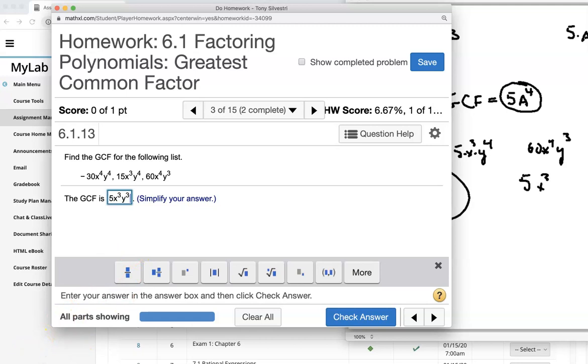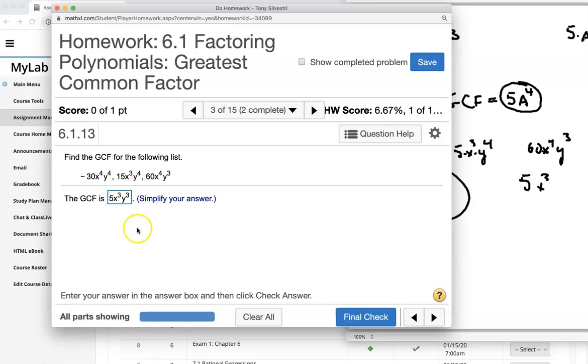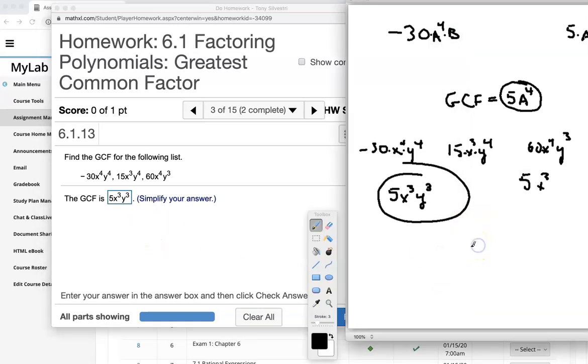Let me stop the video and investigate. Oh, nope, they were correct. They were absolutely correct. The issue is my greatest common factor on the number, the GCF, is not 5. I made a mistake. Here's the problem. 5 is a common factor.